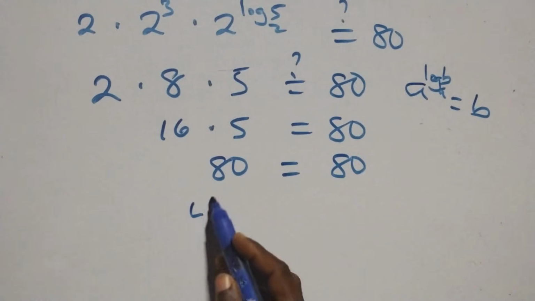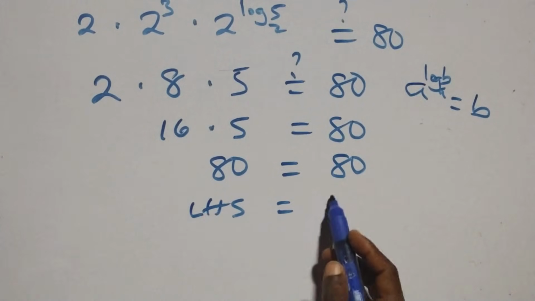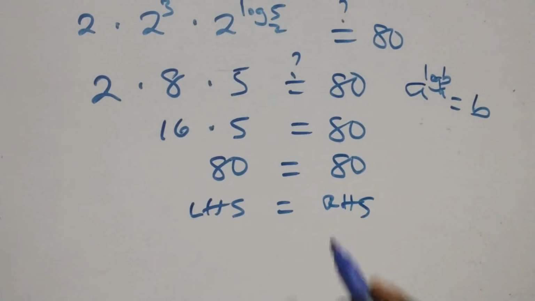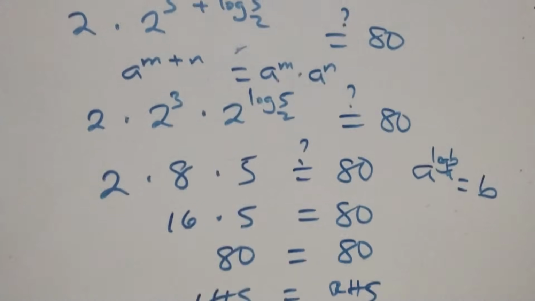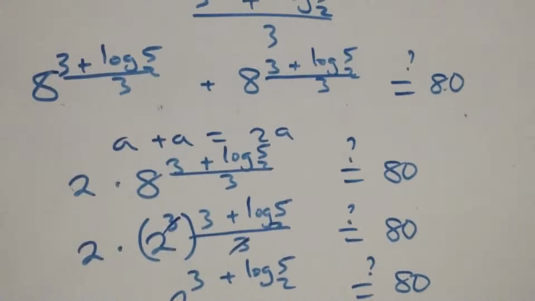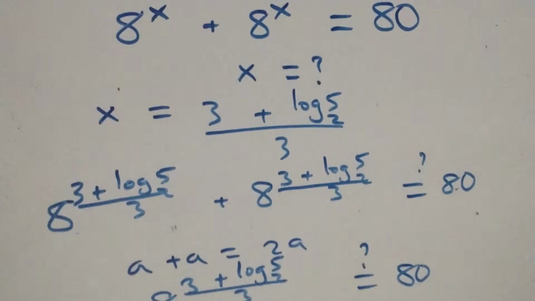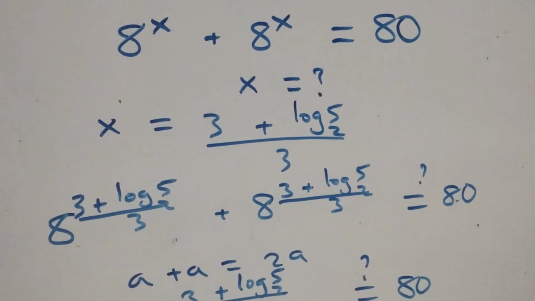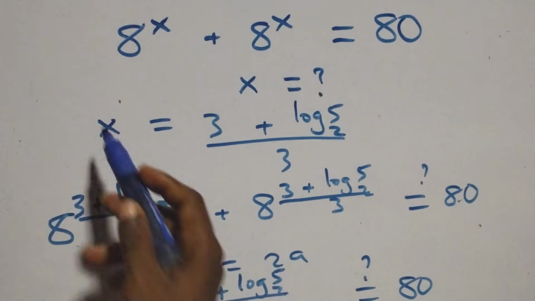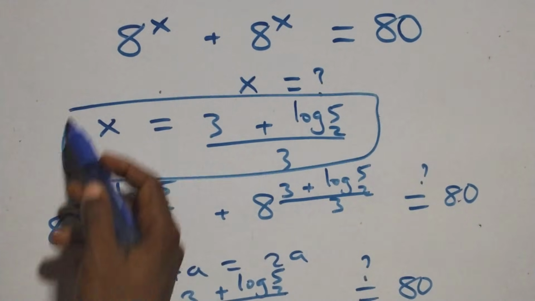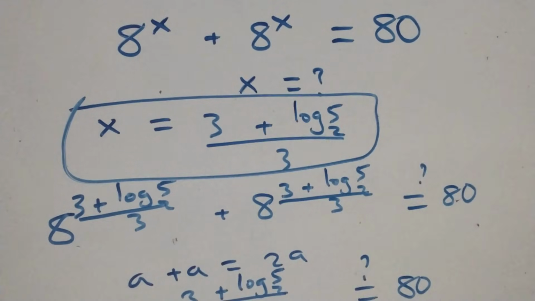That is, the left hand side equals the right hand side. Therefore, we conclude that x equals (3 plus log 5 base 2) over 3 satisfies this given problem.